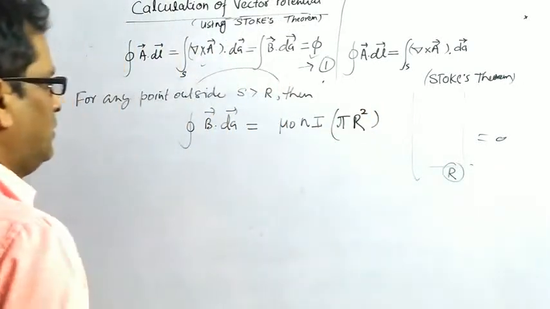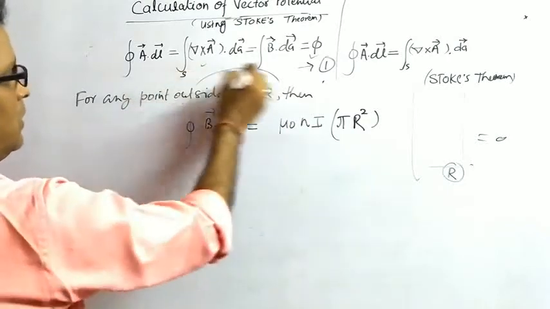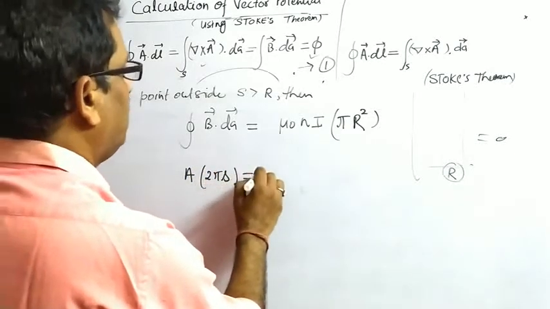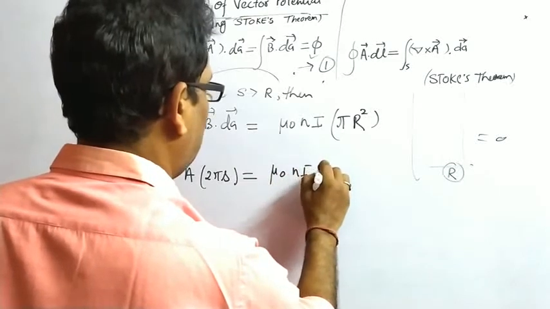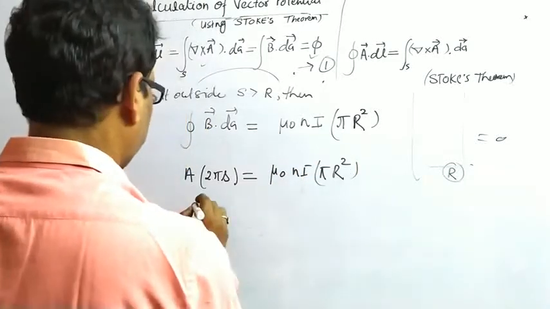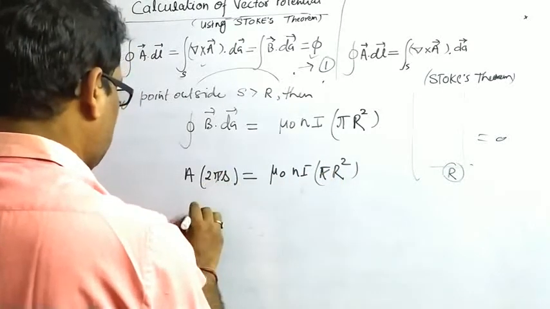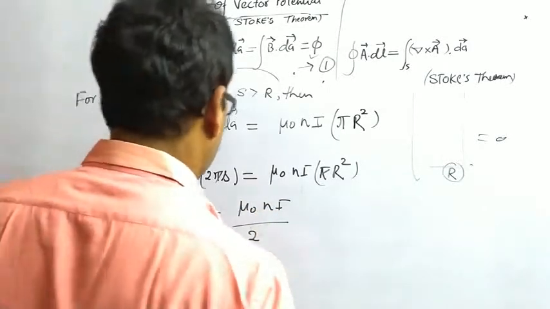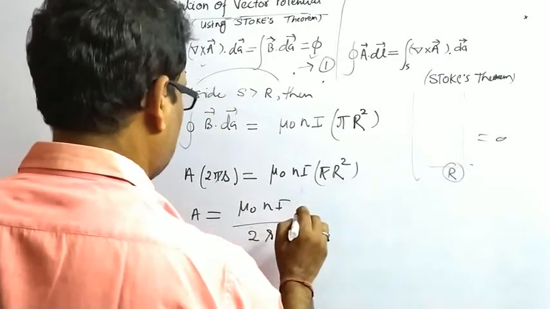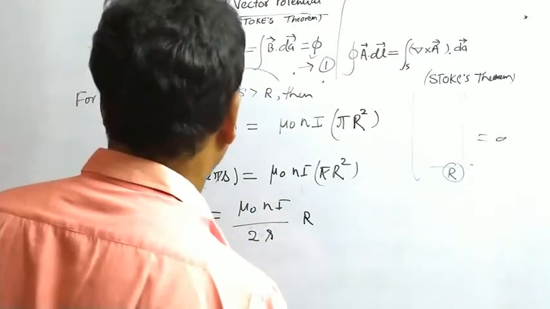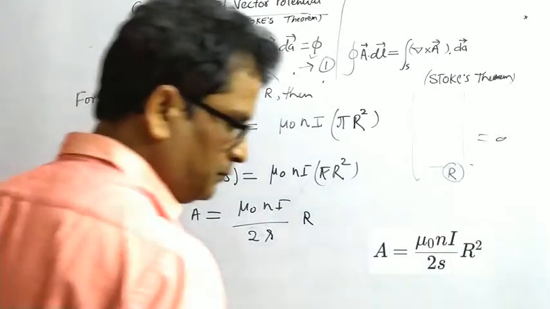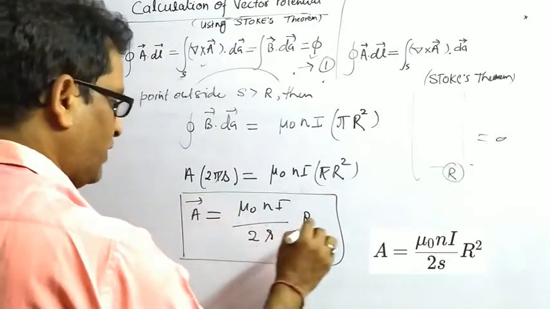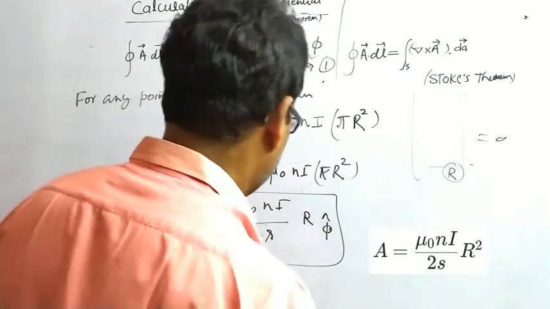So again using this equation, you will get A times 2πs will be μ0 n I πr². Only π gets cancelled out. A will be μ0 n I r² upon 2s. So if I write it in vector form, this is in vector form.